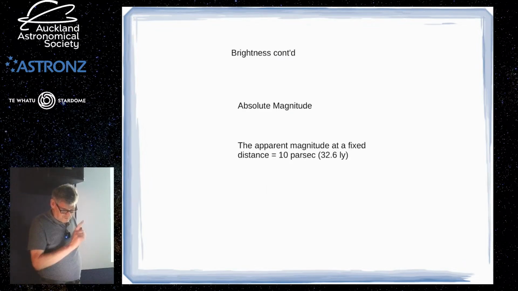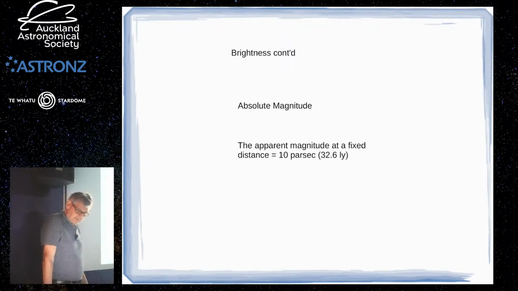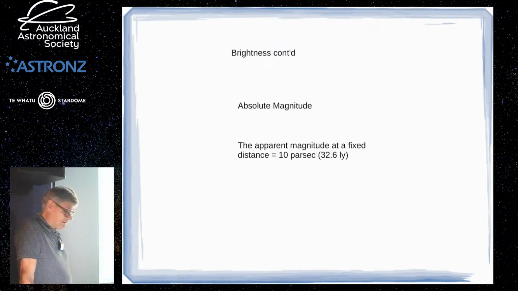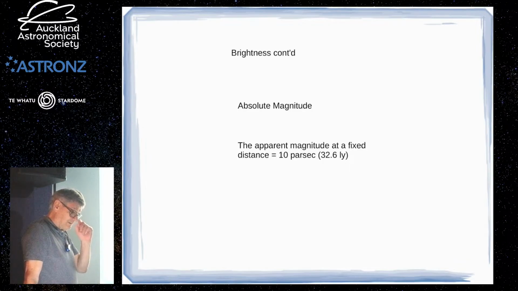And then another term that you'll see is absolute magnitude. What we've been talking about with Hipparchus's magnitudes is how bright the stars appear to be. But of course, all of the stars are at different distances. So a really bright star a long way away might not be visible to the naked eye, but a fainter star that's close, you can see quite easily.